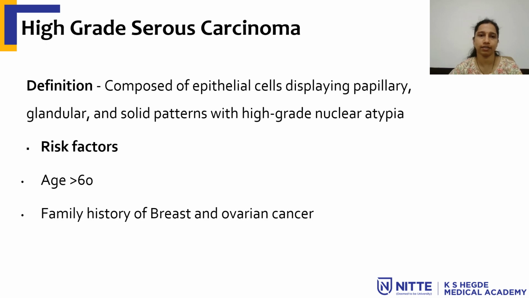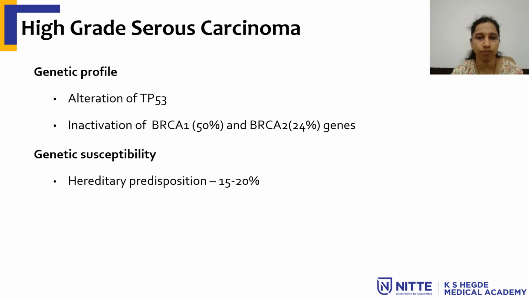Coming to high-grade serous carcinoma, they have epithelial cells displaying papillary, glandular or solid pattern with high-grade nuclear atypia. The risk factors are mainly patients who are above 60 years and if there is a family history of breast or ovarian cancer.